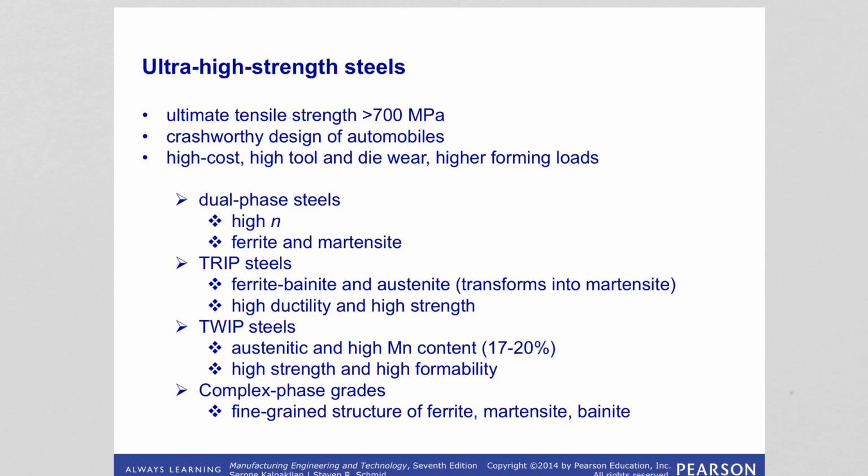And the next is twinning induced plasticity steels, TWIP. As the name implies, besides the motion of dislocations, plastic deformation in certain directions happens by a twinning mechanism. They have very high strain hardening during forming, and it avoids necking.